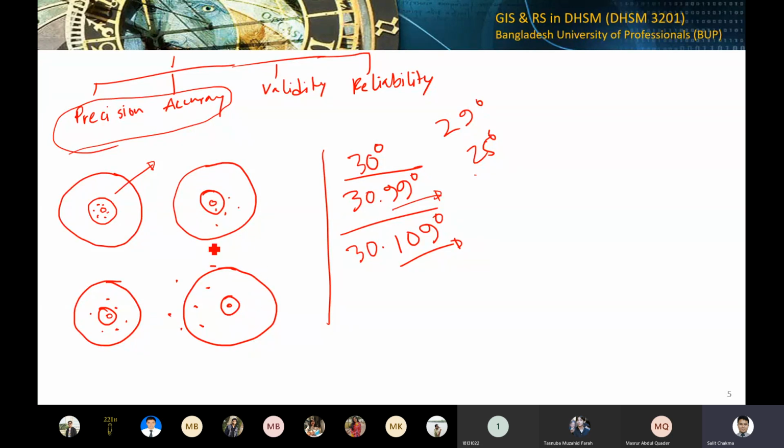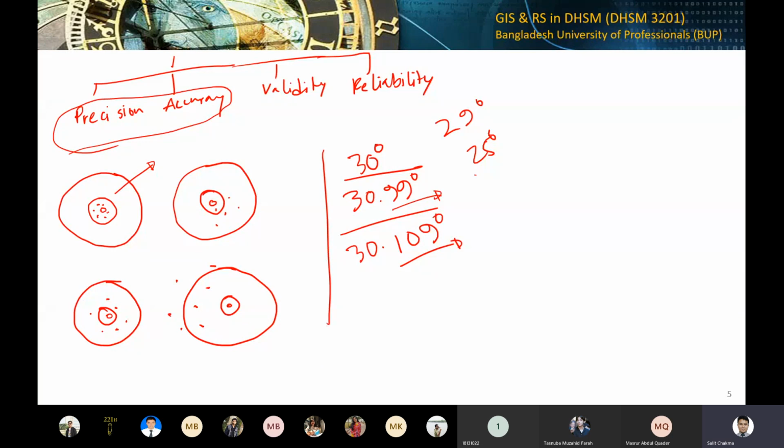So if you're a shooter, a sniper, that's your enemy's head. You want to shoot the enemy's head. But then when you start shooting in target practice, you are hitting not the head but the surrounding areas, so your accuracy is declining.